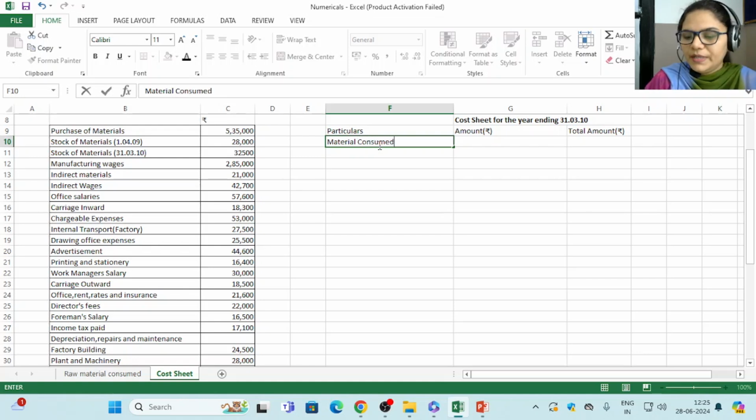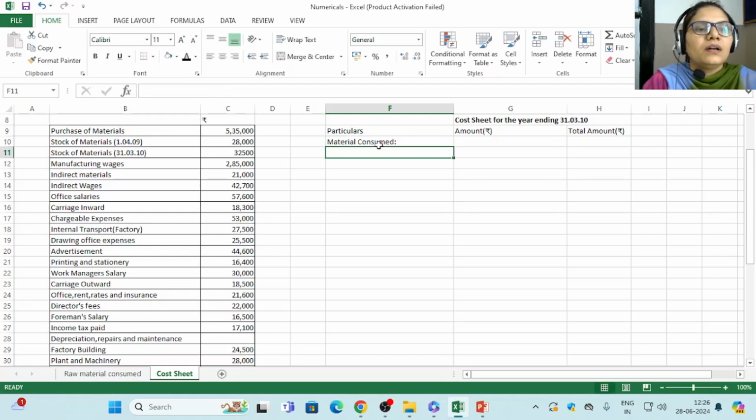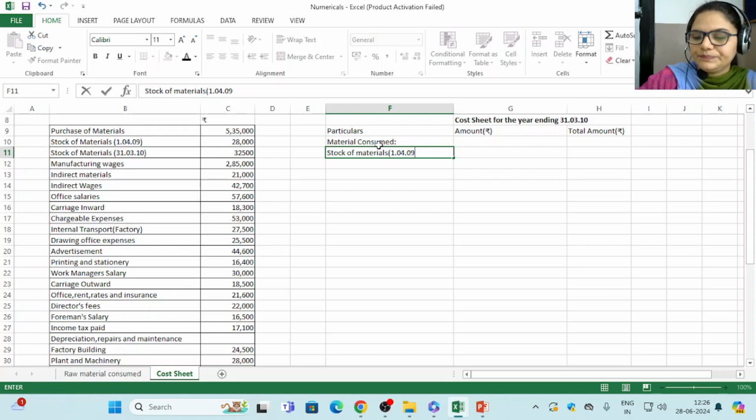Material consumed is shown again. First of all, we will write the opening stock. Stock of materials, 1/04/2009.